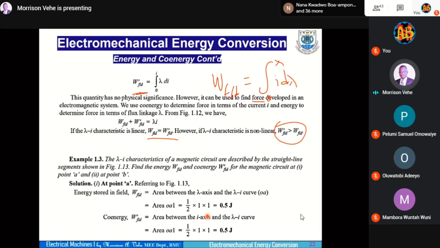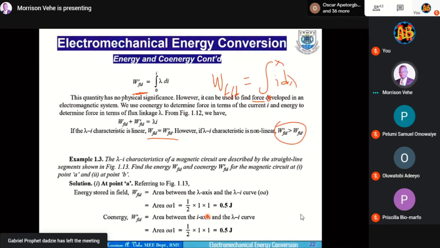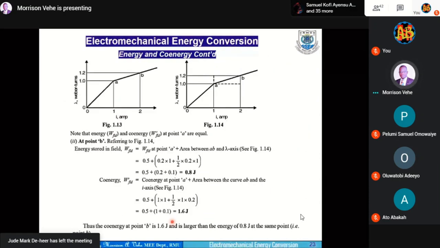So we can just look at it. The lambda-i characteristics of a magnetic circuit are described by the straight line segment shown in figure 1.13. Find the energy and then the co-energy for the magnetic circuits at I, point A, and at II, point B. So basically that is what it is.